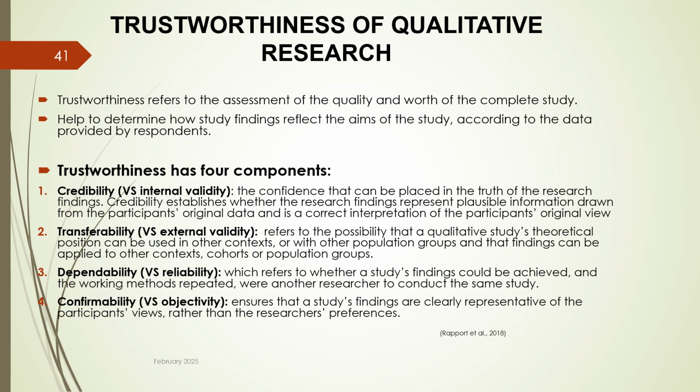This is what we call confirmability. So confirmability ensures that the study findings are clearly representative of the participant views rather than the researcher's preferences. And how can this be done?